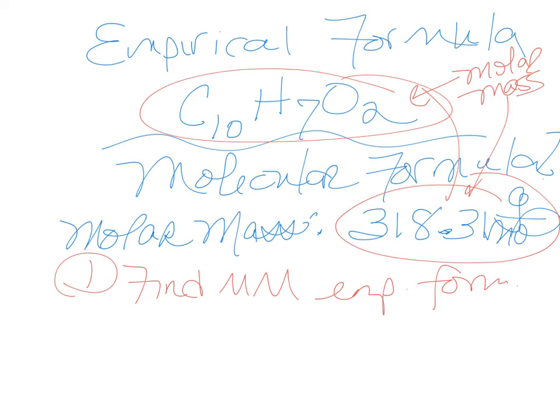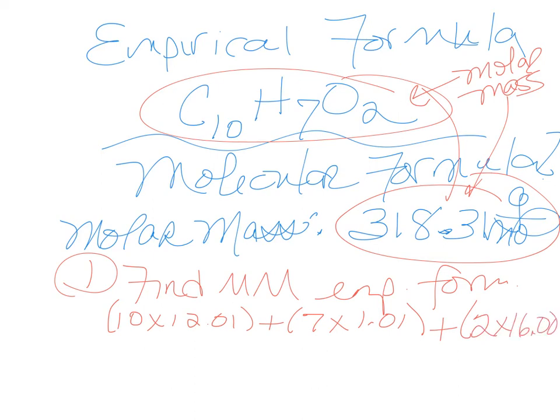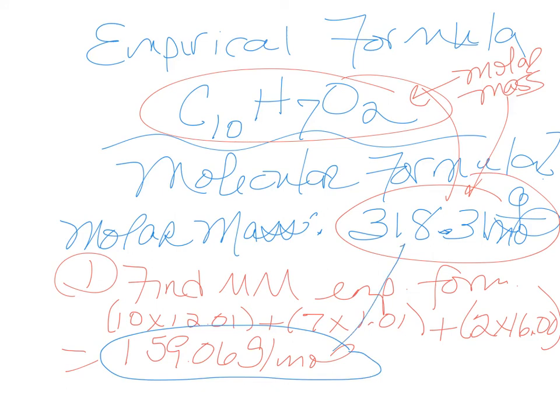Let's see, 10 carbon, each carbon is 12.01, and you have 7 hydrogen, each hydrogen is 1.01, and then you have 2 oxygen, each oxygen is 16.0. And so the molar mass of that empirical formula is 159.06 grams per mole. So obviously, the empirical formula is not the same as the molecular formula.